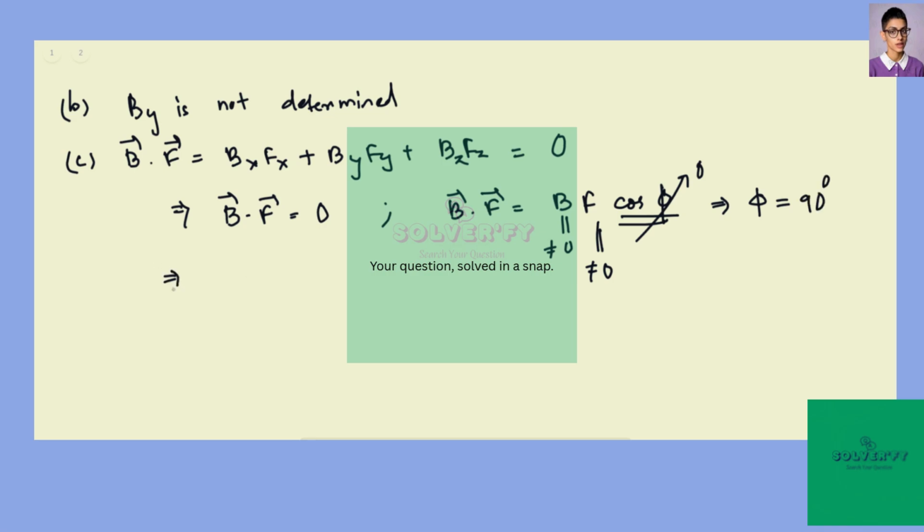And this says that the magnetic field and the magnetic force should be perpendicular. Another additional result: since the force is perpendicular to both the magnetic field and the velocity, the dot product of the velocity with the force is also going to be 0.